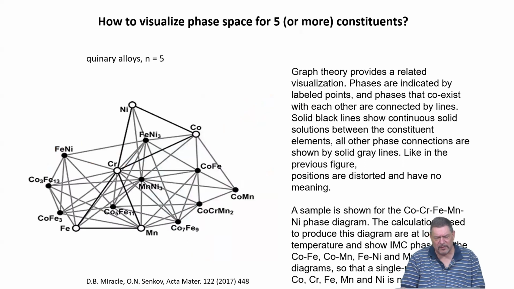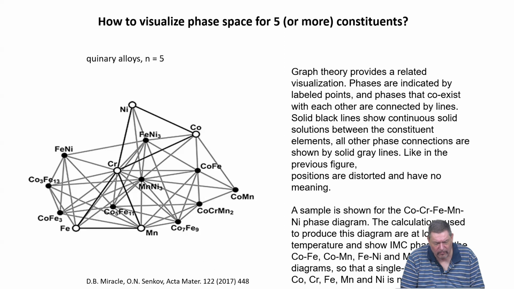A little bit more useful and a little bit more complex is the way shown here. So here all the phases that are known, the vertex phases, meaning the pure elements, as well as the known intermetallic phases, are represented by individual points. And here you see that the vertices are these circles which are empty, and the filled circles are for the intermetallic phases in this cobalt, iron, nickel, manganese, chromium system.